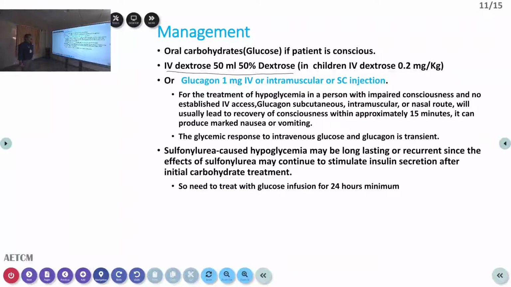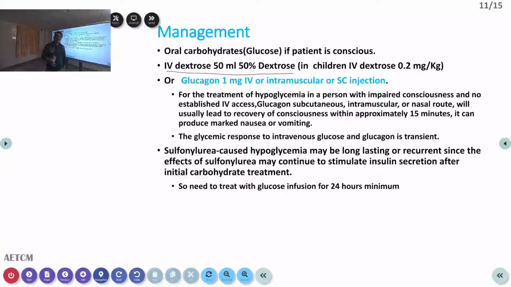If the patient is having hypoglycemia due to sulfonylureas, most sulfonylureas are long-acting drugs, so you have to give a continuous infusion of dextrose. And if the patient is having insulin-induced hypoglycemia, especially with long-acting insulin and elevated creatinine, you should know that the action of insulin will be further prolonged.